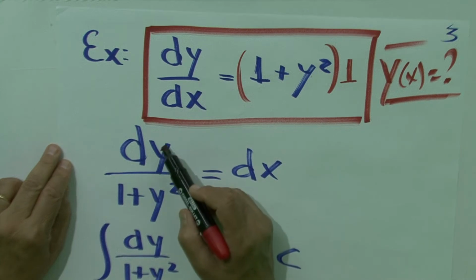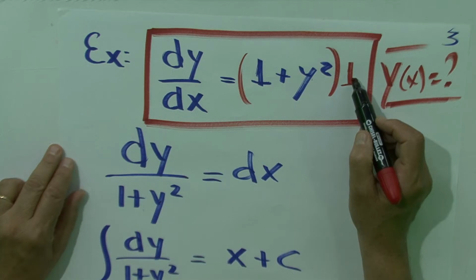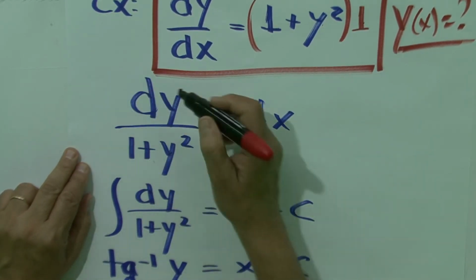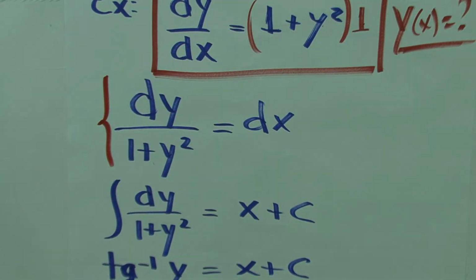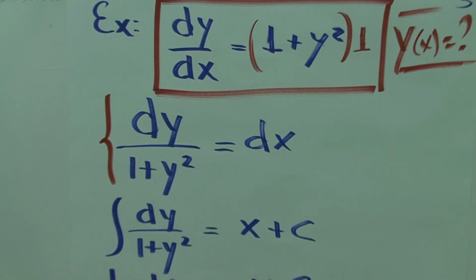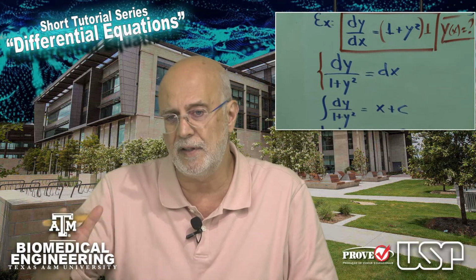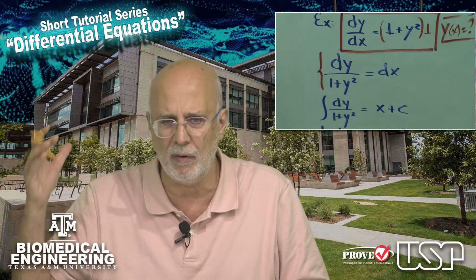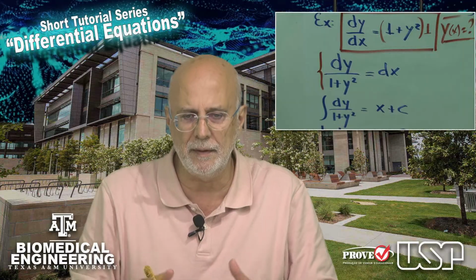So if I divide this by 1 plus y squared, and then I put the dx here in the 1 that was there, I get an equation exactly like the one I said I should have to be able to integrate and apply what we call the separable equation method, which is basically put everything that's y on one side, or f, you call what you want, and everything that's x on the other side, or t, or whatever is the independent variable, and then make an integration on both sides.